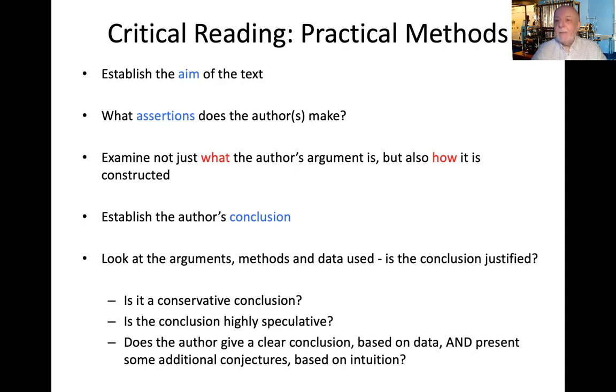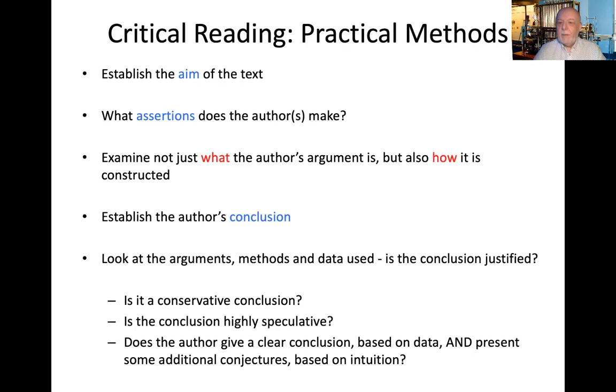And the problem, if they don't give you the details, is that it's much more difficult for you to decide whether the conclusions they've established are valid, whether the arguments they produced end up making those conclusions obvious. So look at the arguments, the methods, and the data used to decide whether the conclusions are justified or not.